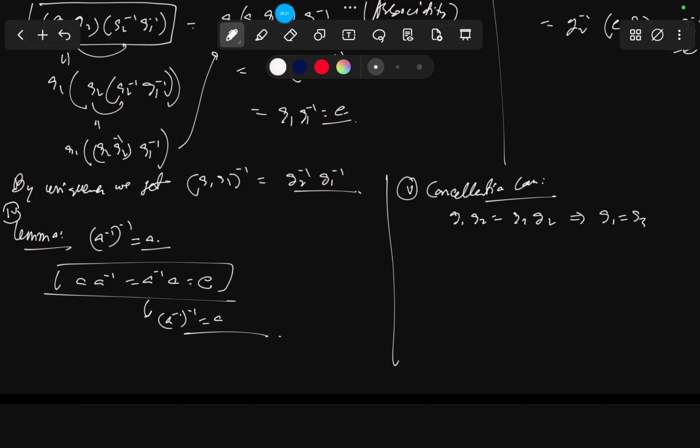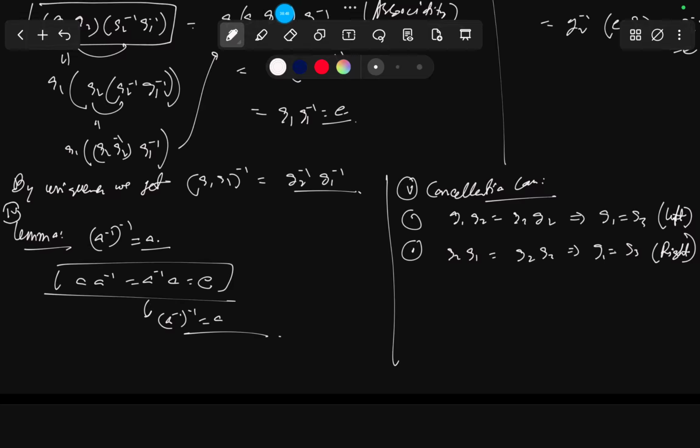So this is cancellation from the right side, and there is also cancellation from the left side: g2 times g1 is g2 times g3 will also imply g1 is the same as g3. It is very easy.